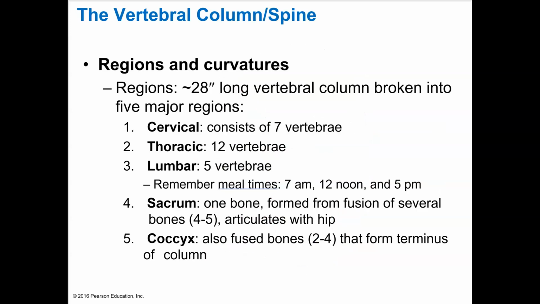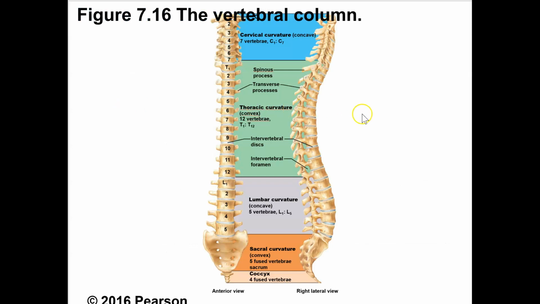Continuing with the axial skeleton, we'll talk about the vertebral column. The vertebral column has 4 or 5 regions, depending on how they're classified, but the ones that are always the same are the cervical region, the thoracic region, the lumbar region, and then some people call these separately sacral region, coccygeal region, or the sacrococcygeal region.